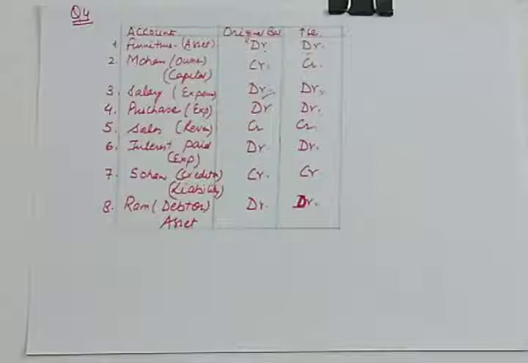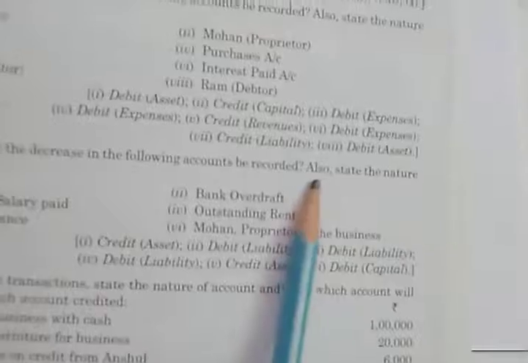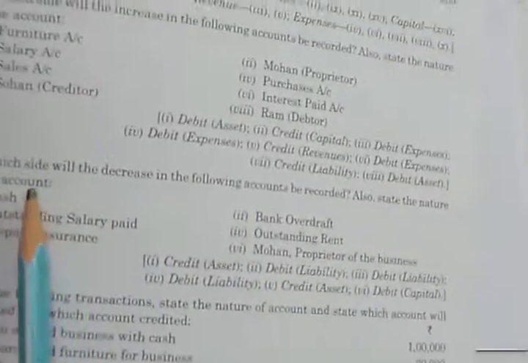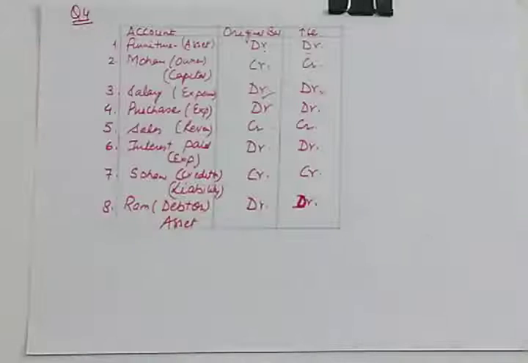And now let us do the next question, question number 5. On which side will the decrease in the following accounts be recorded? Also state the nature of the account. So let us make the format here in this particular page also.